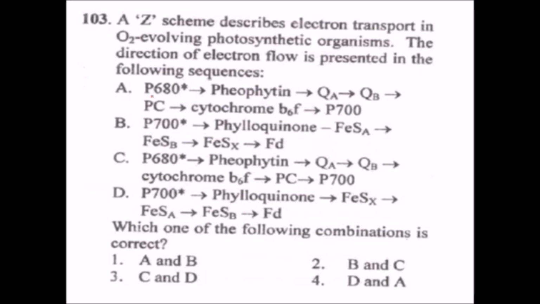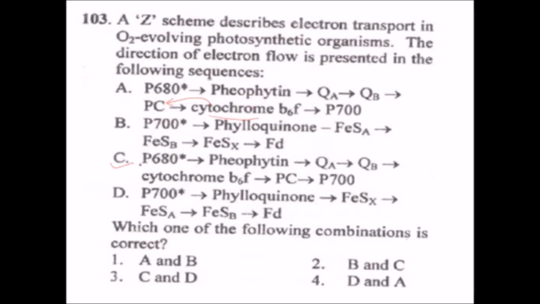Pigment system 2, or P680, will pass its electron to pheophytin, to QA, QB, and then to cytochrome b6f, and then to PC, and this PC will transfer its electron to pigment system 1, or P700. So this sequence is wrong.